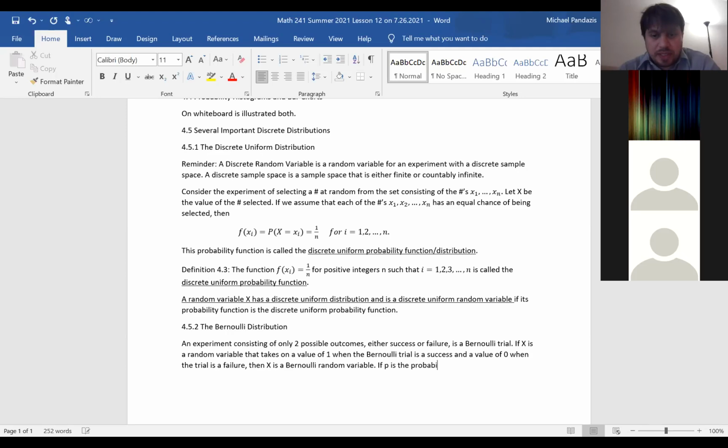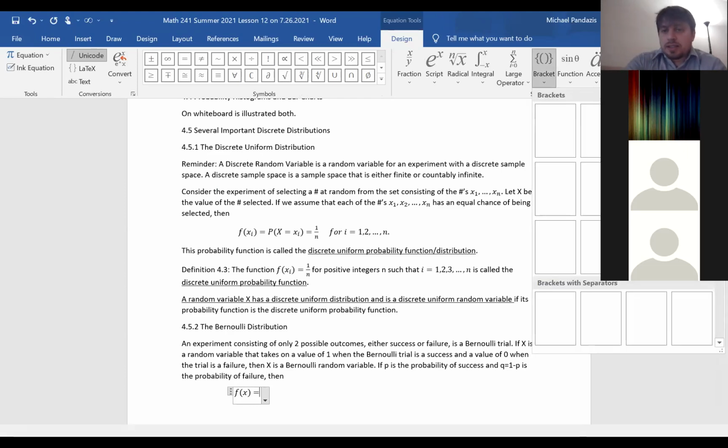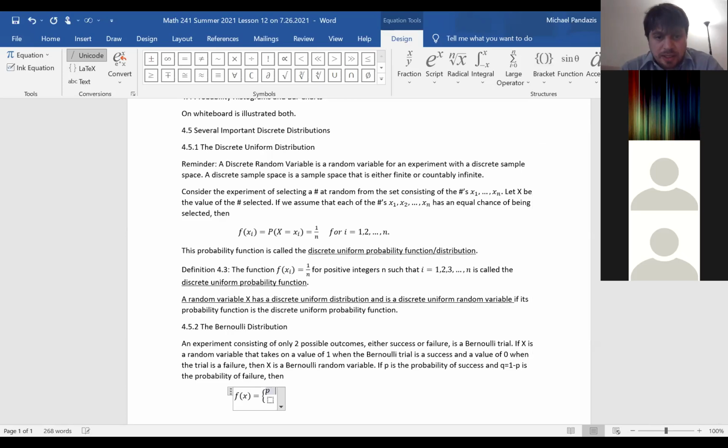If P is the probability of success and Q equals 1 minus P is the probability of failure, then f of x is equal to P if x equals 1 and Q if x equals 0.